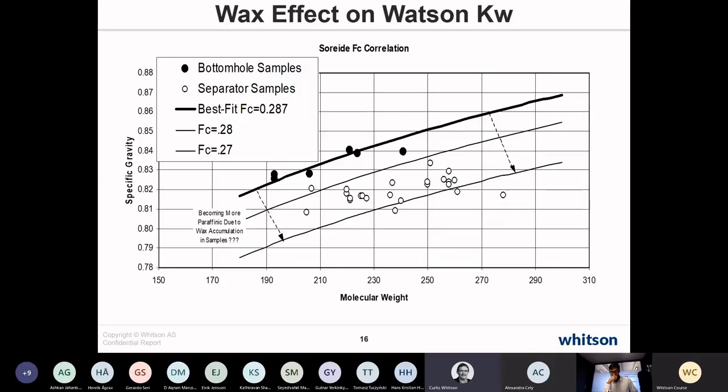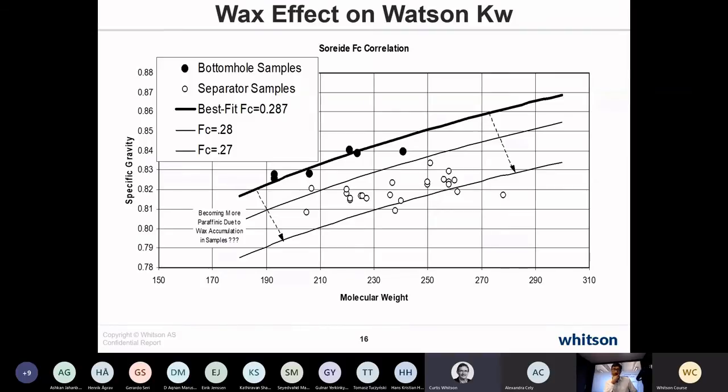The point is that if you have a big, consistent scatter shown like this, it suggests that there's probably wax forming, not randomly, but in different amounts, and not reflecting the correct flashed oil.